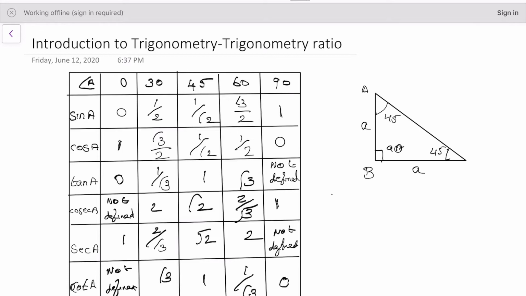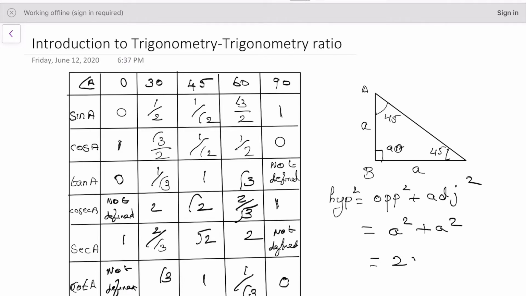So hypotenuse square is equal to opposite square plus adjacent square. So it is A square plus A square, that is 2A square. When I take the hypotenuse, it is root 2A, because A square can come out as A, but 2 cannot, so I have to take it as root 2.